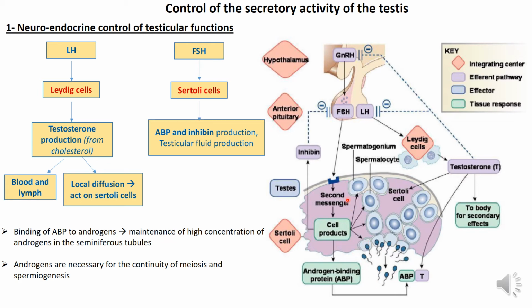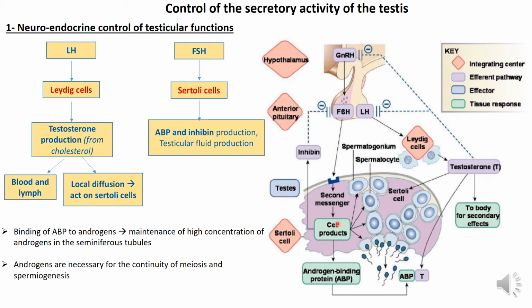And also under the action of FSH, the Sertoli cell will produce many messengers, growth factors and cytokines, which exert activities on the germ cells, on the spermatogonia, and they regulate the mitosis and the meiosis of the spermatogonia.